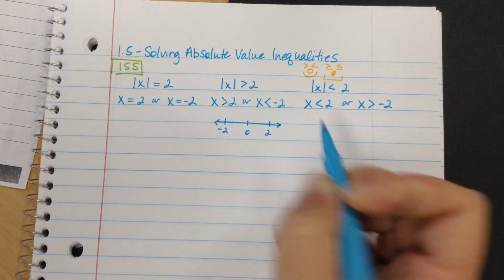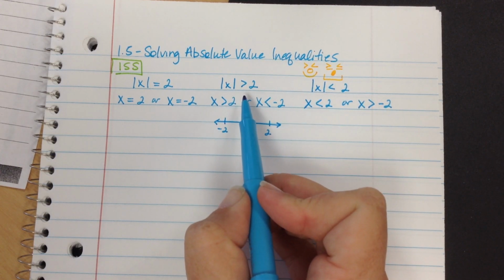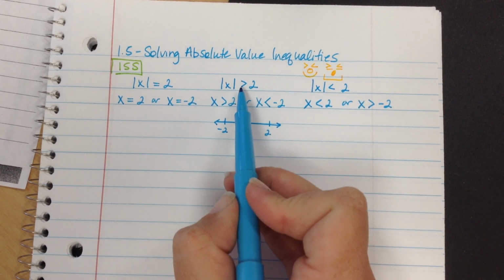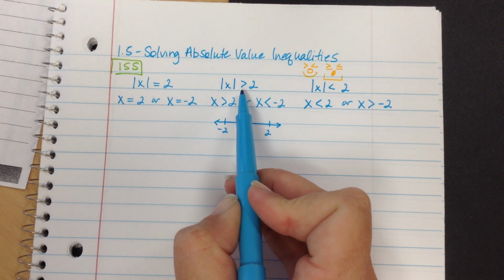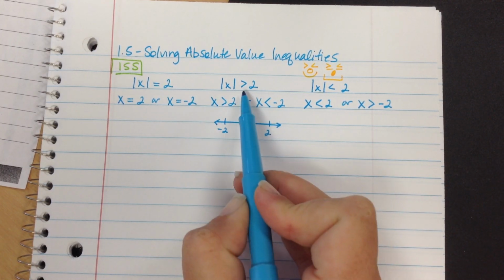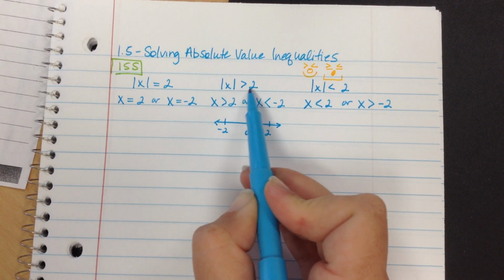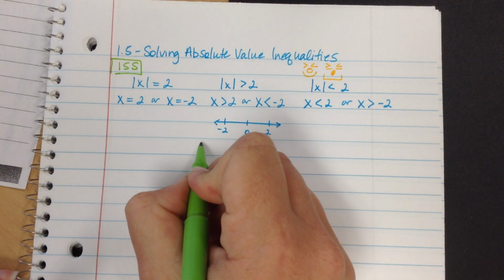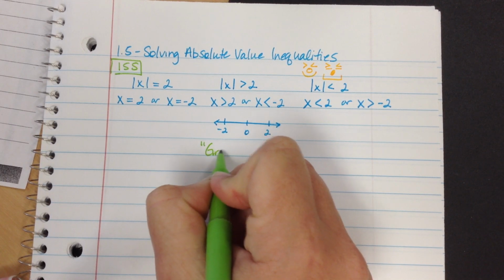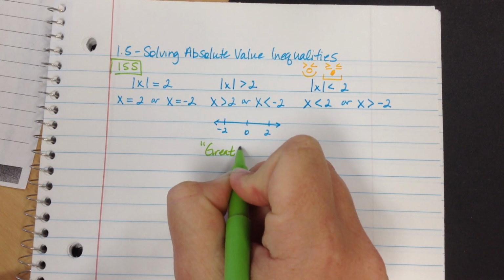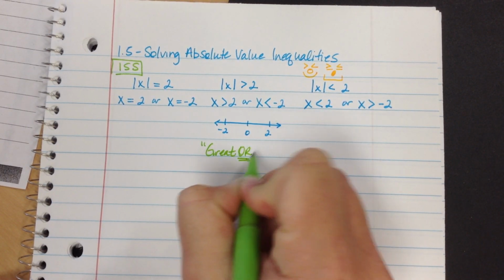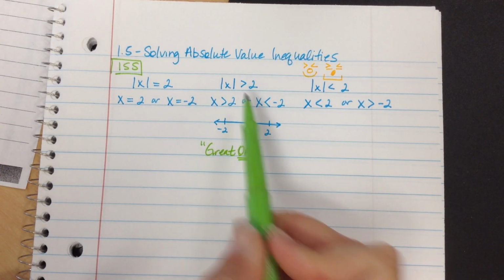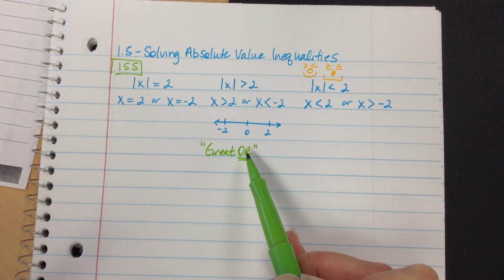Now for graphing. I have a mnemonic that's called less than or greater. So in order to graph these, we're going to look at the original sign. So in this case, this was a greater than sign. So my mnemonic says greater, because it's greater than. Greater than is greater.